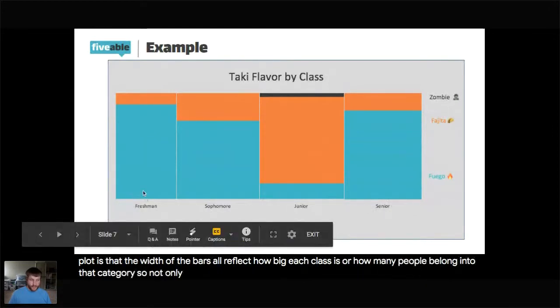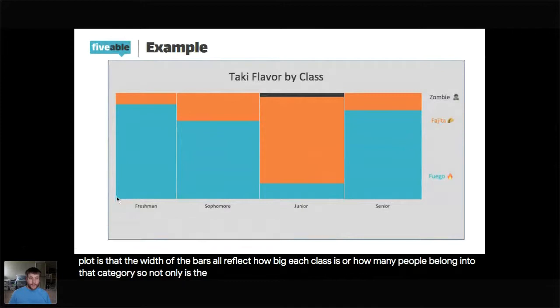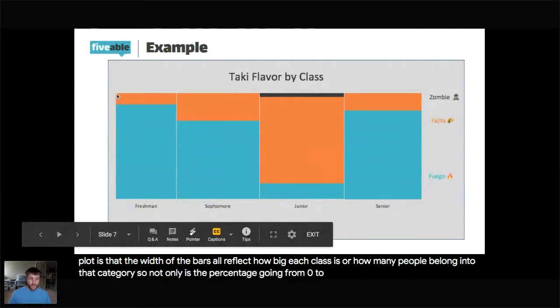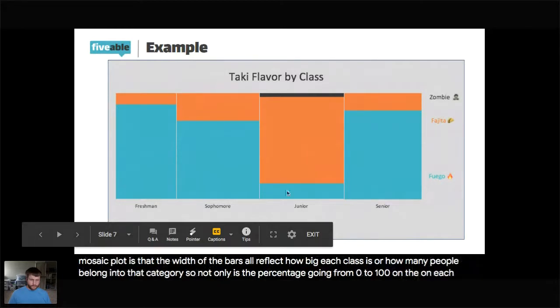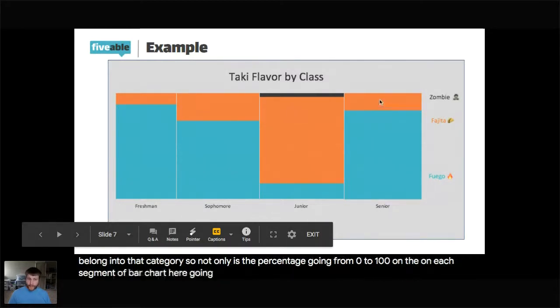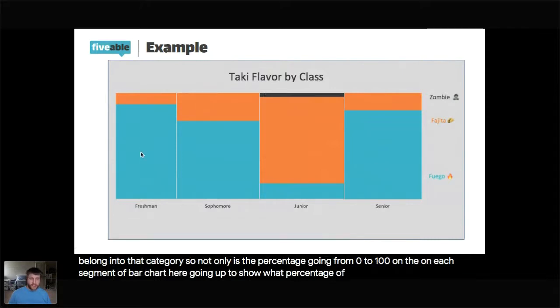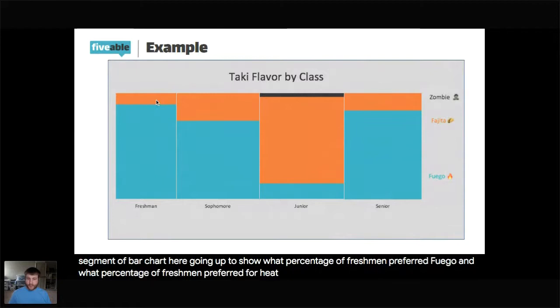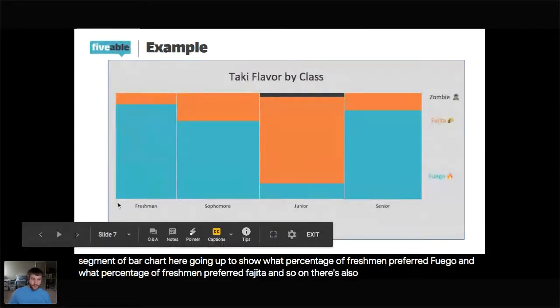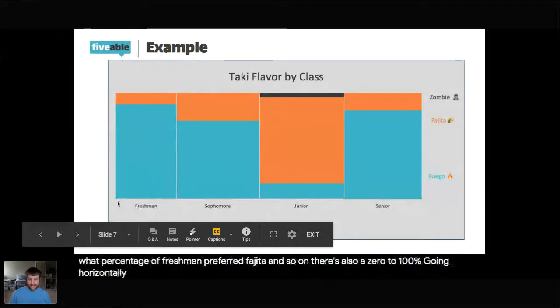So not only is the percentage going from 0 to 100 on each segmented bar chart here, going up to show what percentage of freshmen preferred Fuego and what percentage of freshmen preferred fajita and so on, there's also a 0 to 100% going horizontally that can give us an idea about the raw counts of the freshmen, sophomores, juniors, and seniors.